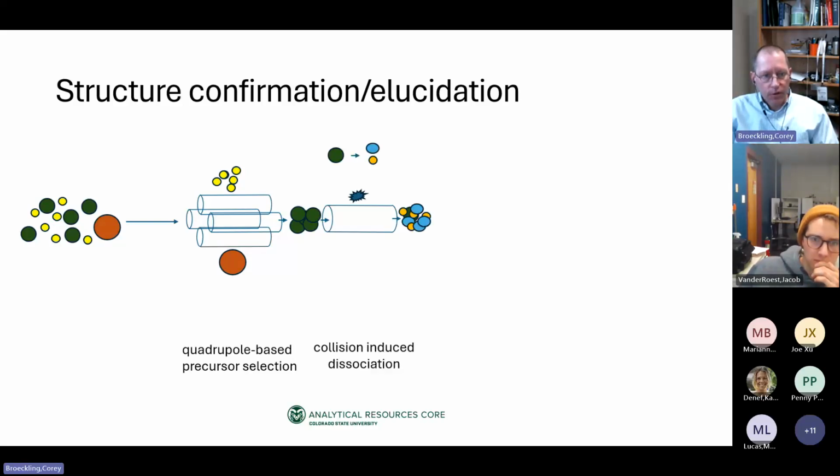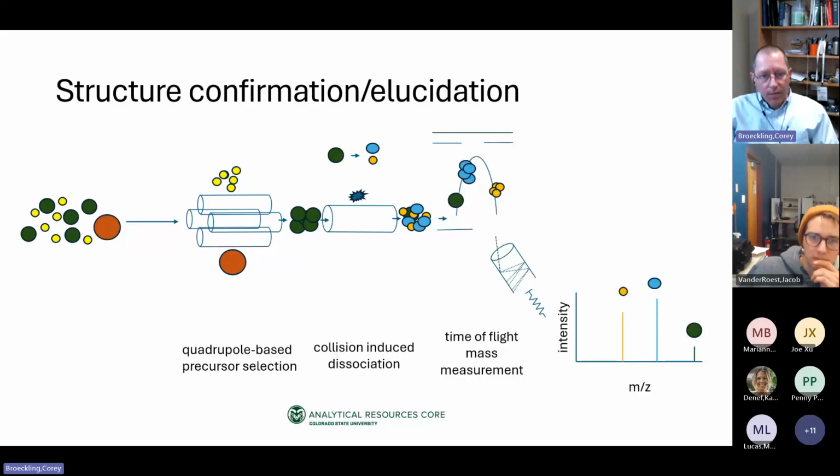Those are then introduced into a collision cell. In a collision cell, we, in one way, shape, or form, add energy to the ion of interest, the precursor ion, such that it generates product ions. That is, the individual molecule breaks up. And in breaking up, we are looking at fragmentation product ions. All of those product ions come out of the collision cell. And we might use a time of flight or an Orbitrap after that to look at the population of product ions.